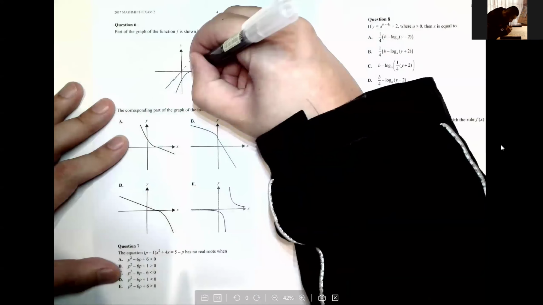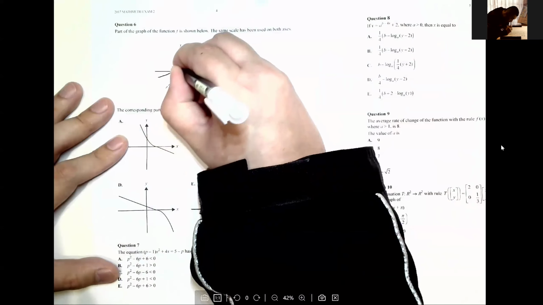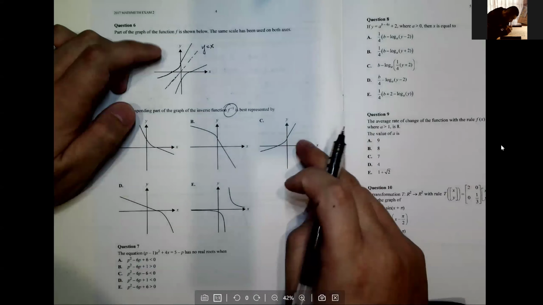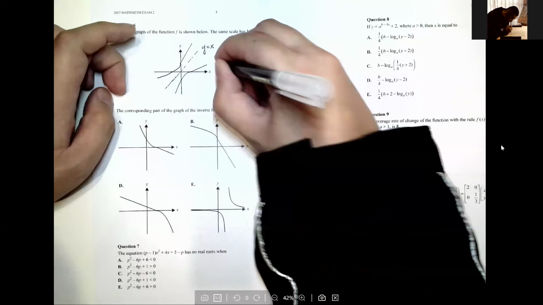And then just looking at the possible graphs, I probably would say something like that and like that, okay? So some kind of symmetry. Therefore, option C will be the most suitable answer. This is my f of x. This is my f inverse of x.